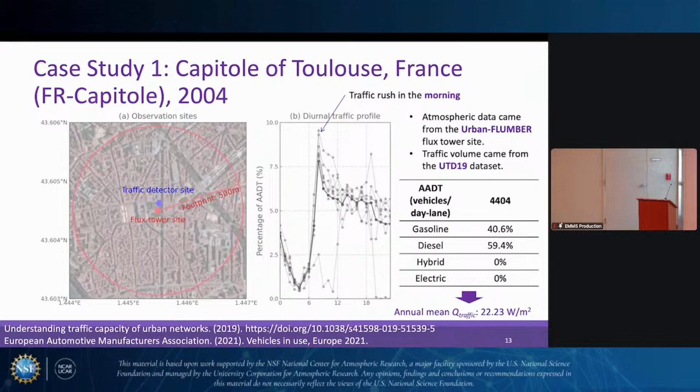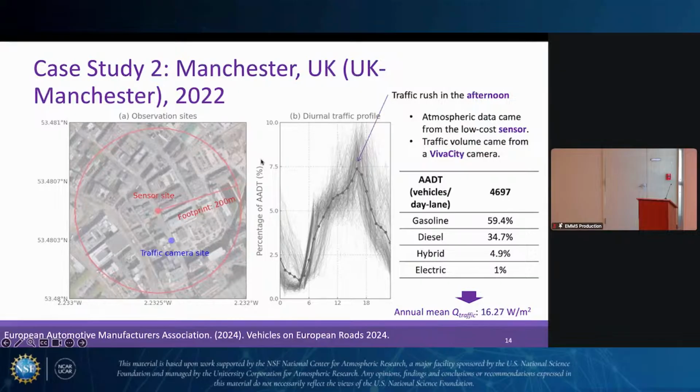Another site is at Manchester. It's sparsely built and it has afternoon traffic rush. The annual average daily traffic volume is similar to the France one. It's 4,700 vehicles per lane in a day.